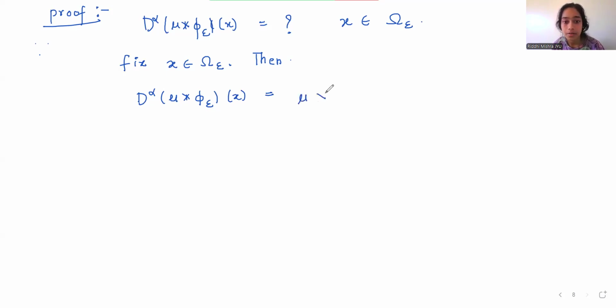This is u convolve D alpha phi epsilon. This is a property of mollifiers, where we have seen that these mollifiers are smooth.